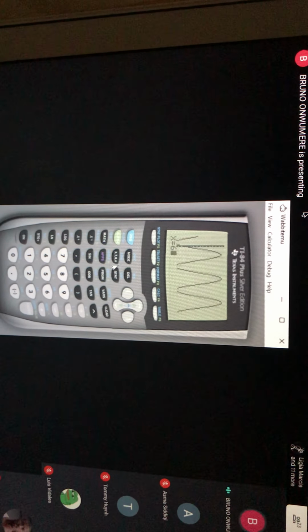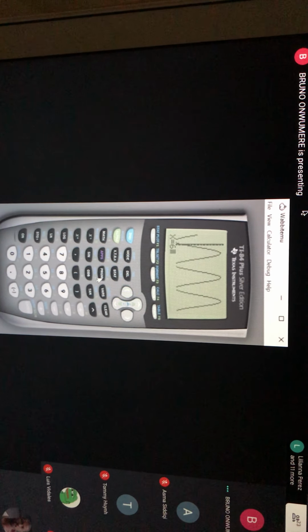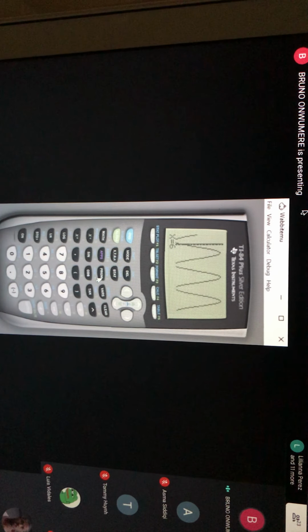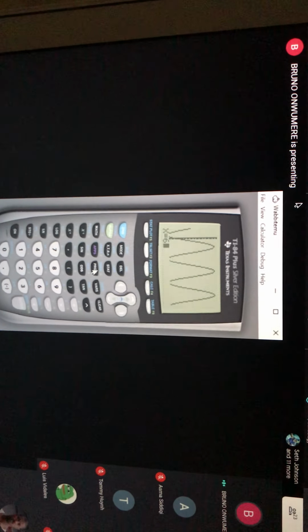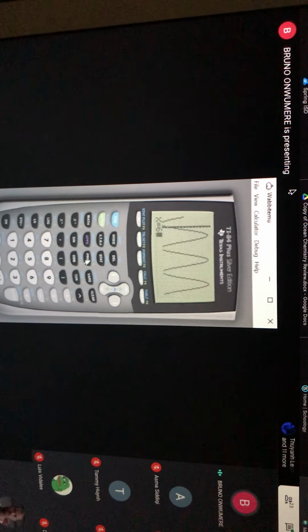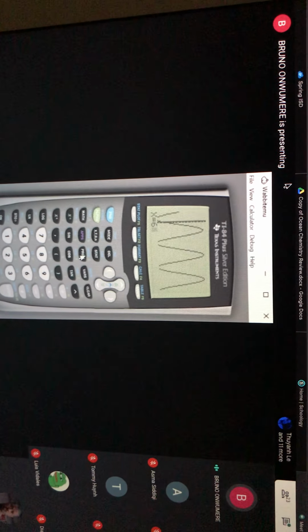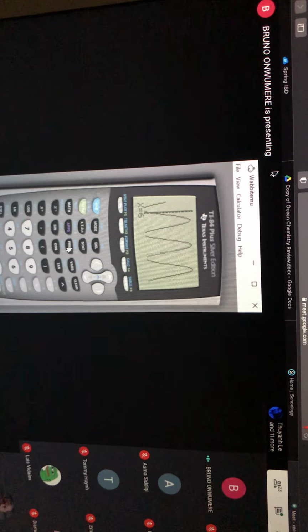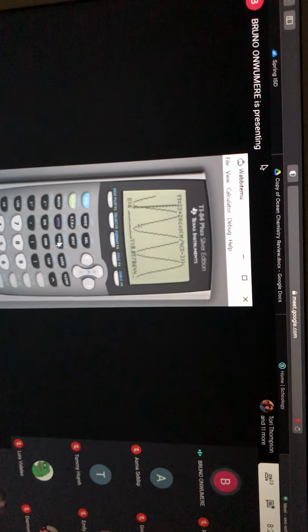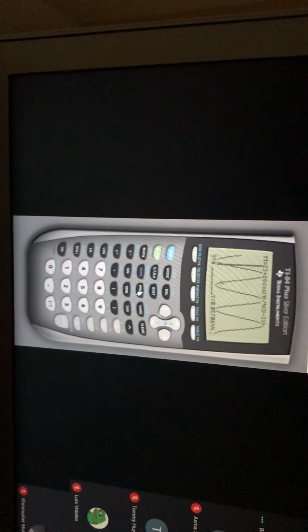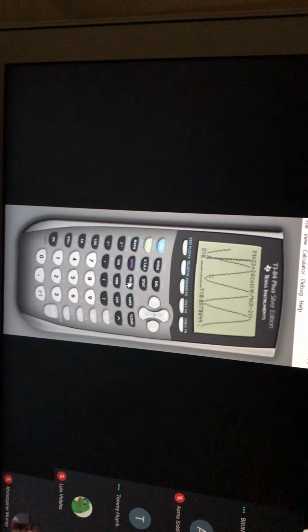Yes. Okay. When you put 6, you're asking the calculator to tell you the Y value when X is 6. After you put in X equal to 6, you're going to hit enter. It tells you the value. Somebody tell me the value you get. 8.8578644.